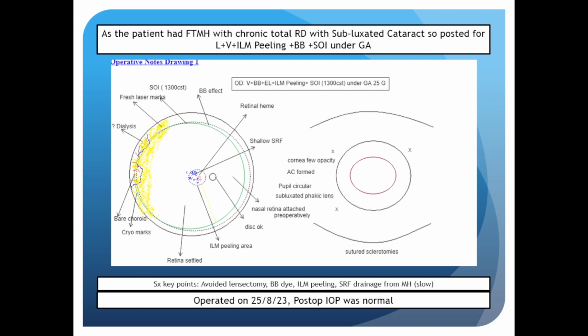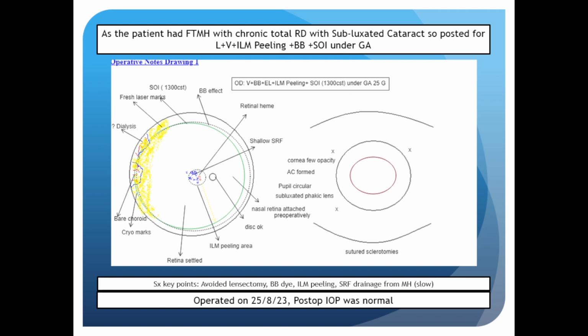One thing we did in this case was drain the SRF from the macular hole only. There are two concepts for drainage of SRF as far as macular hole RD is concerned. The best is to make a retinotomy and drain the SRF if the patient has a macular hole RD.